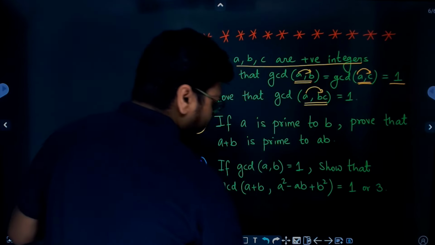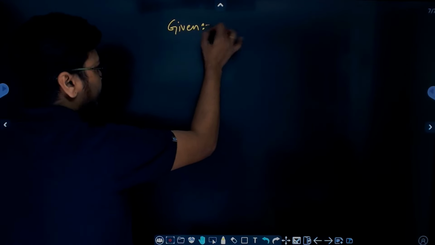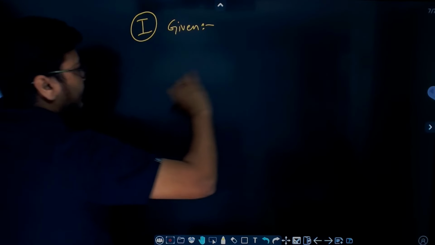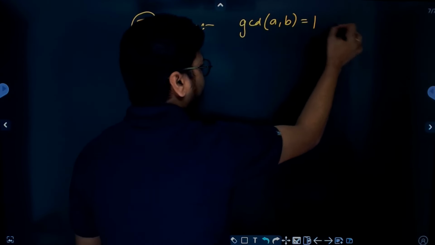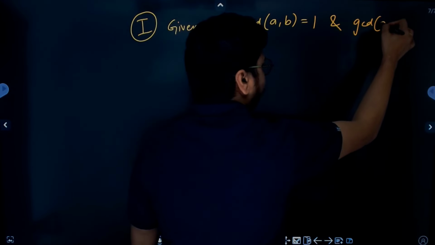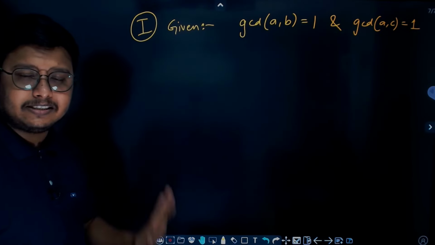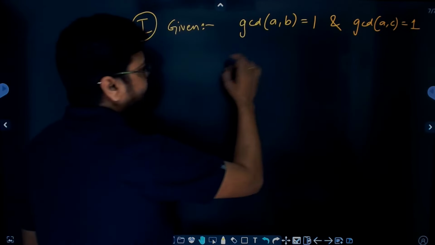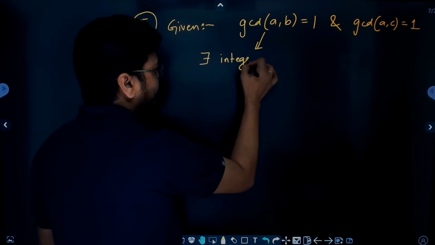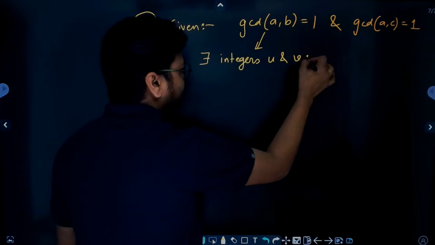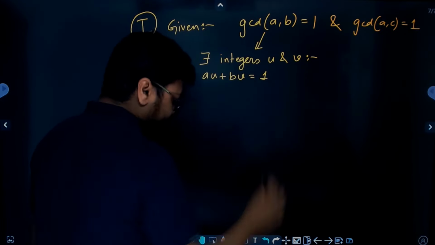All right. So it is given that, I'm proving number one, the GCD of A and B is 1 and the GCD of A and C is 1. So very first thing, I'll convert these into equations. There exist integers u and v such that Au plus Bv is equal to 1.